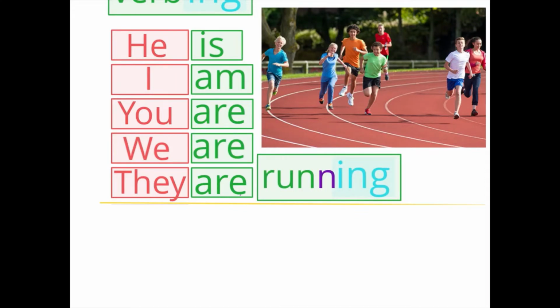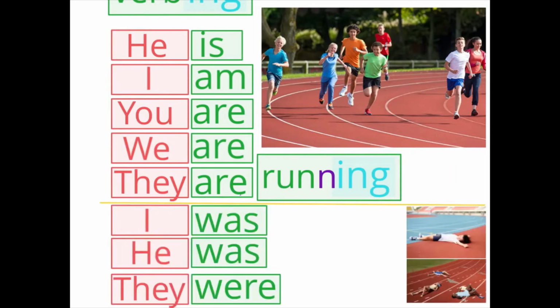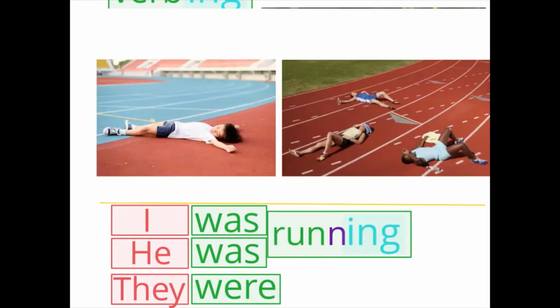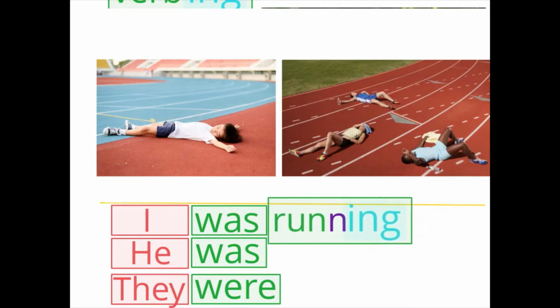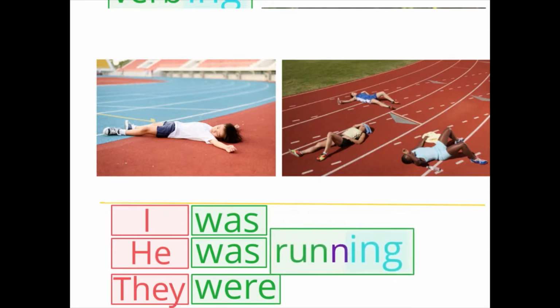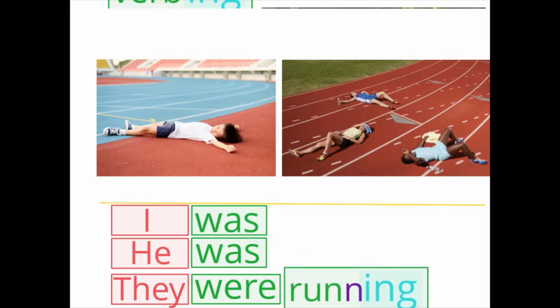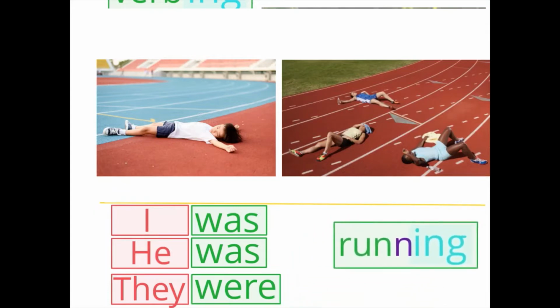We can also use this type of sentence if we are all finished running. So here you can see some people who have finished running. They were running, but they are not running anymore. I could say I was running, he was running, or they were running. Instead of using is or am or are, we use was or were.